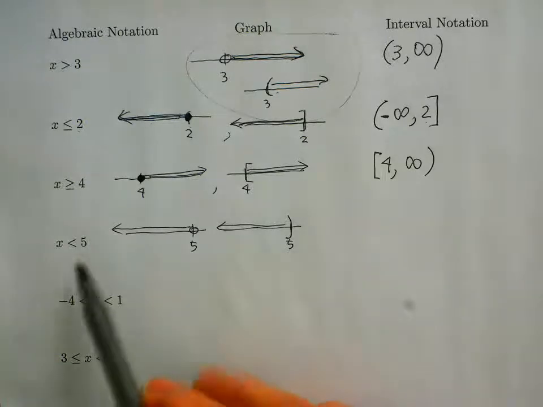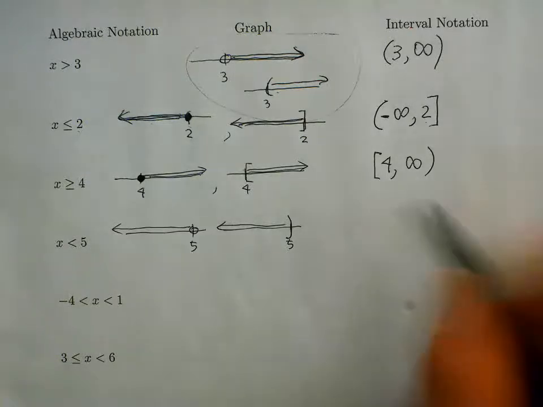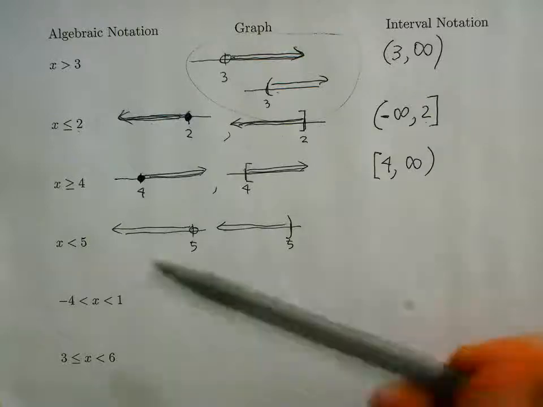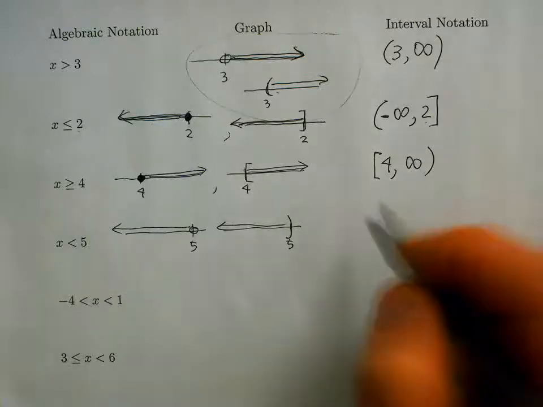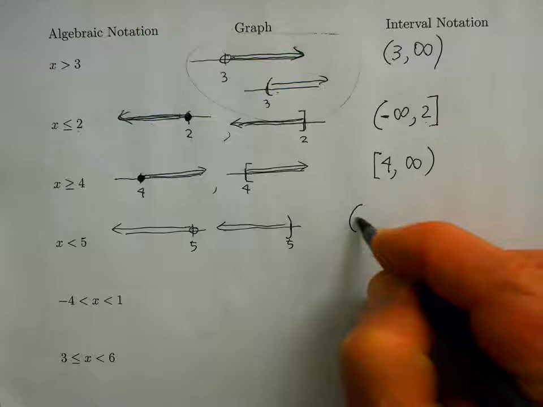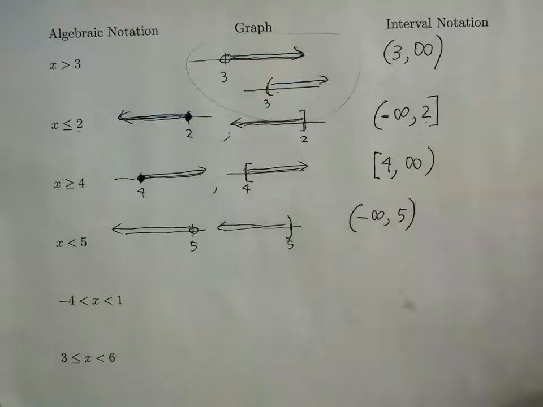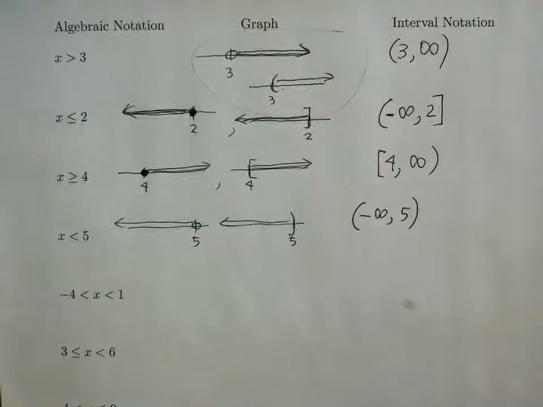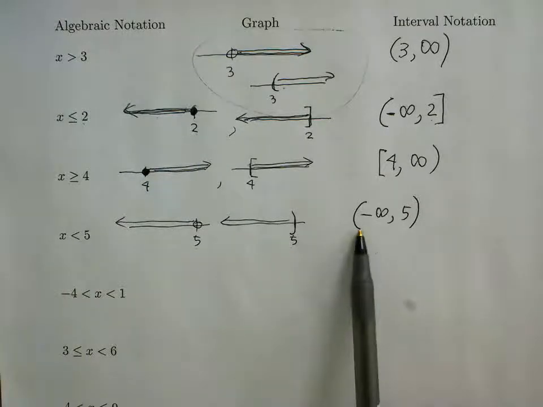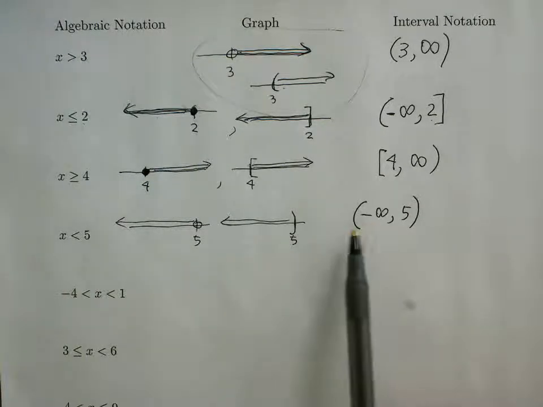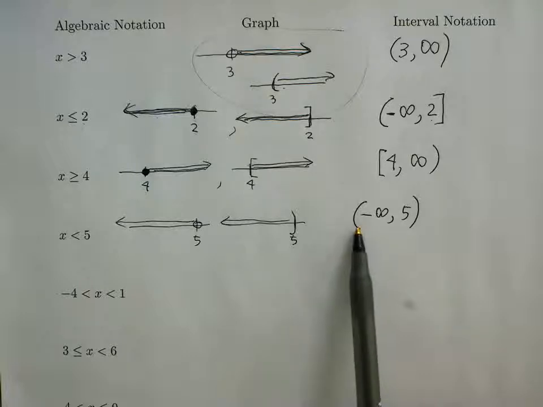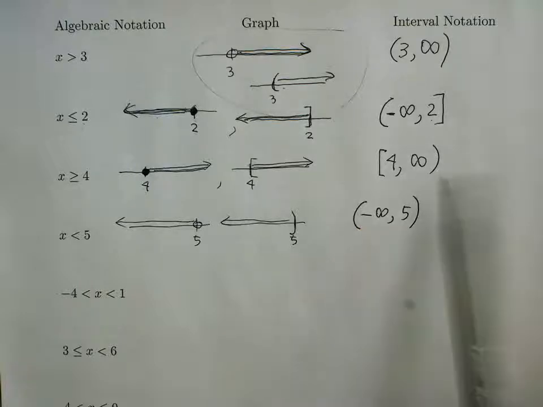And then the interval notation, since the numbers go to the left forever, that means parenthesis, negative infinity, comma, 5 parenthesis. We always use a parenthesis next to a negative infinity symbol or a positive infinity symbol. We never use a bracket next to an infinity symbol, always a parenthesis.